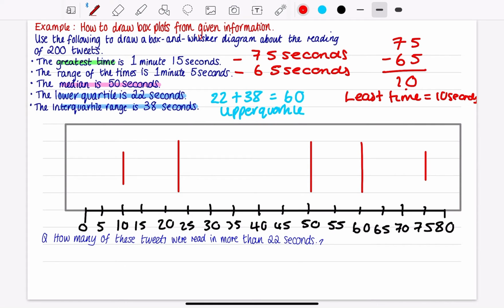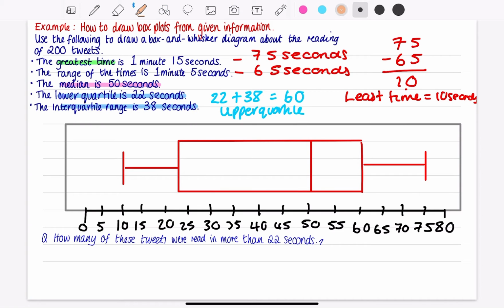Now I need to make sure it looks like a traditional box and whisker diagram with my whiskers and my box. This is the diagram complete with my lowest value, my highest value, my median, my lower quartile, and my upper quartile.